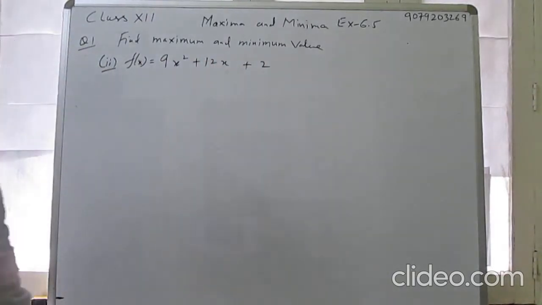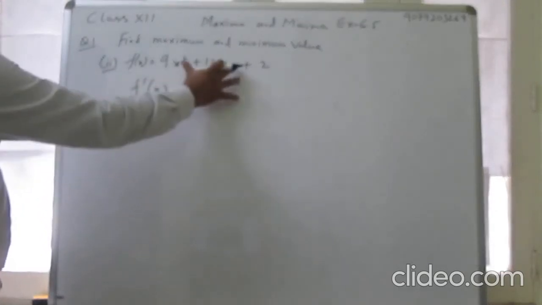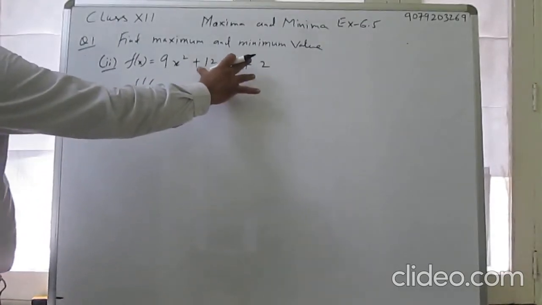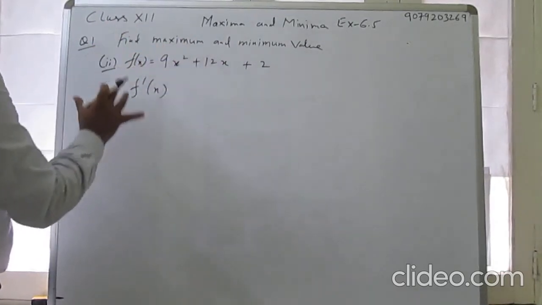Now, what is the procedure? First you find f dash x in this. Either you make it a whole square, then you can also write directly. I am doing it by the second order derivative test.